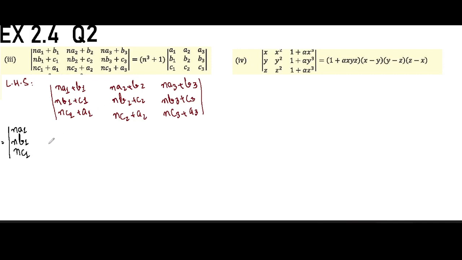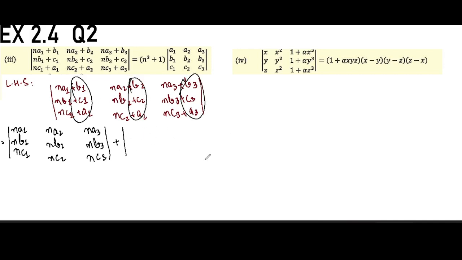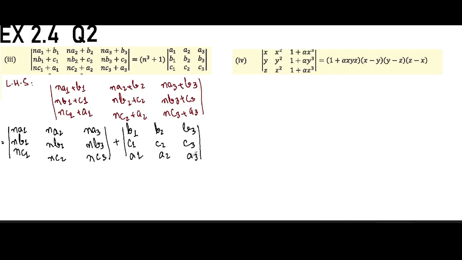Then the first column of this one will be written over here, na2, nb2, and nc2, then na3, nb3, and nc3. Then plus, and the rest of the terms are going to be written over here with the same order as well. So we are going to write it as b1, c1, a1, b2, c2, a2, and b3, c3, and a3.